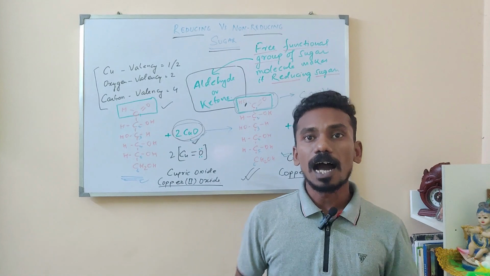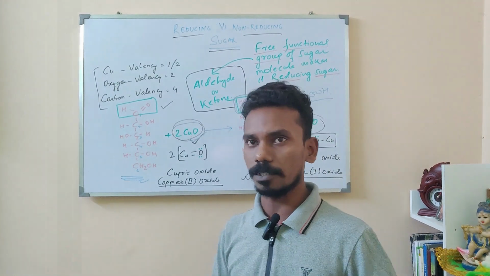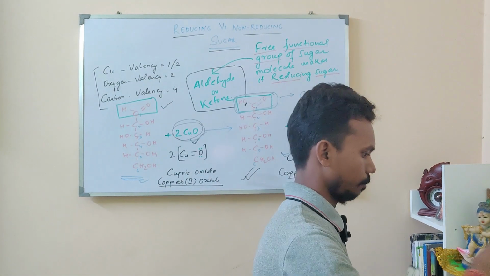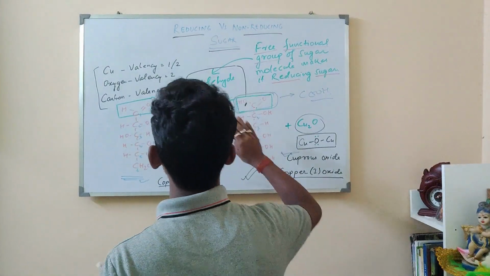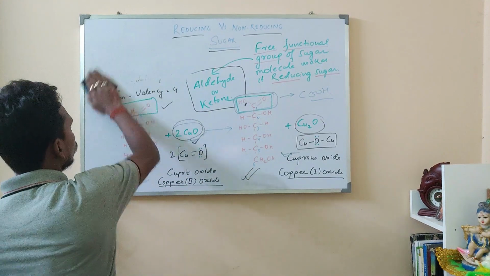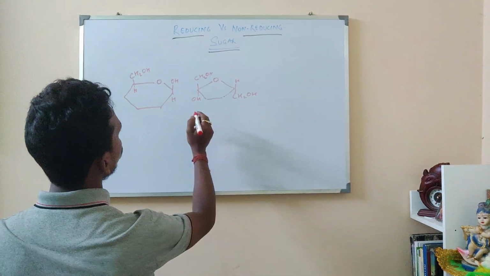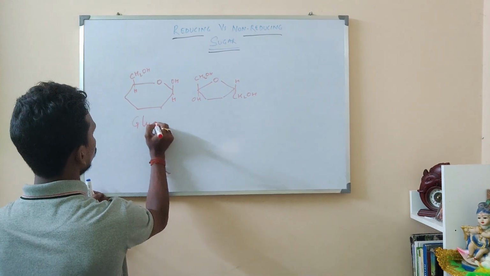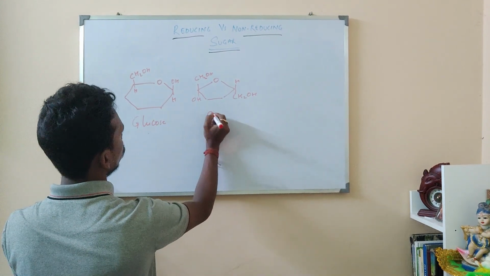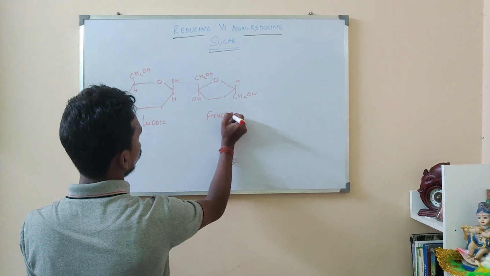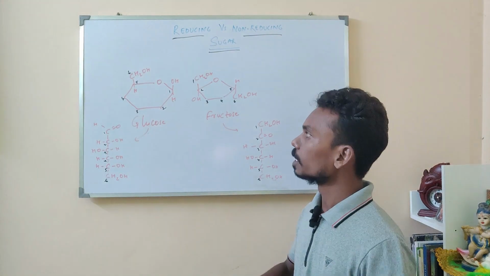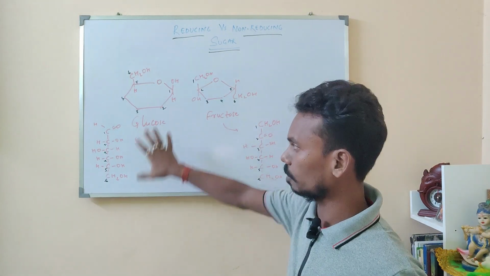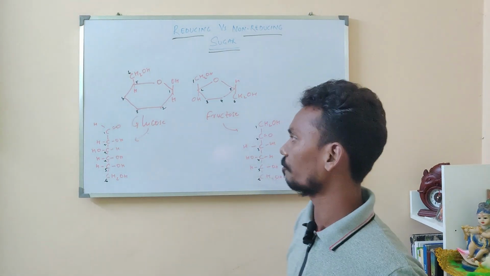Okay, let's see how sucrose is not a reducing sugar. Here we have drawn this one is the glucose Haworth projection, this one is the glucose Fischer projection.